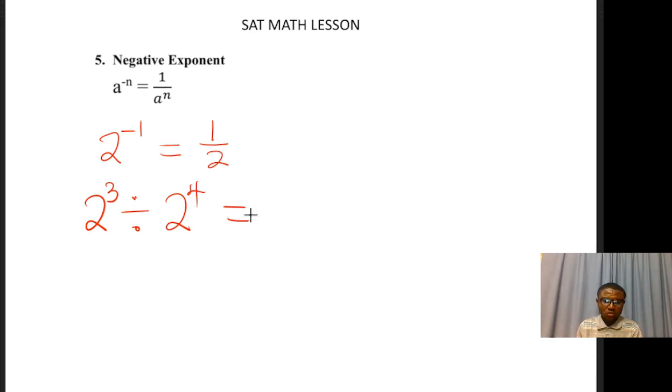Applying the quotient rule, this becomes 2 to the power of 3 minus 4, and this is now 2 raised to the power of negative 1, right?